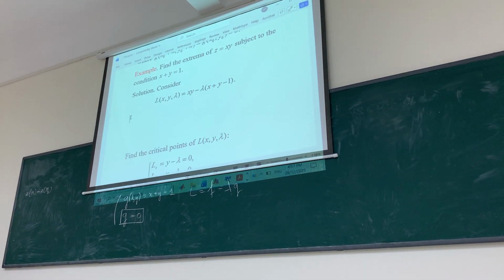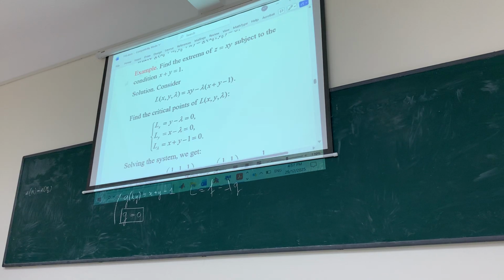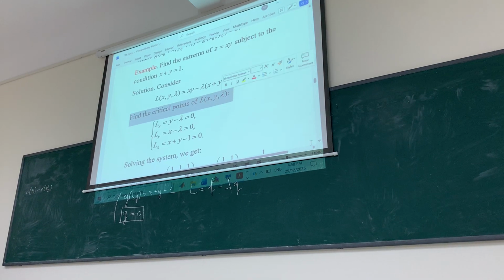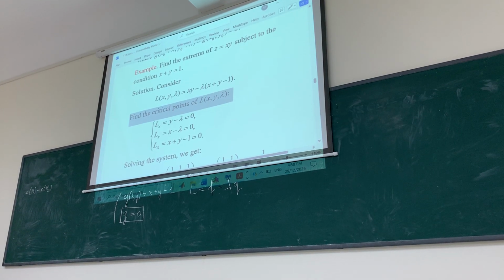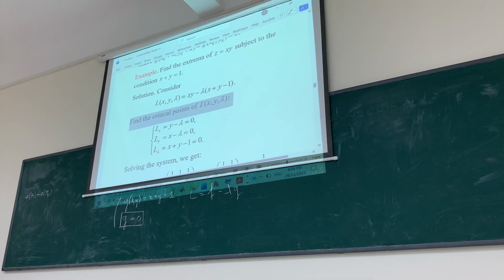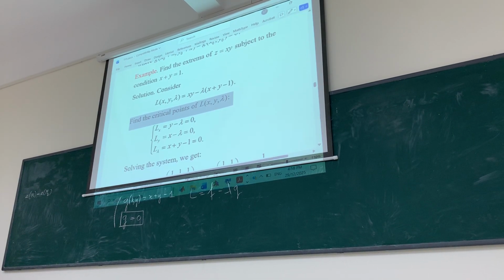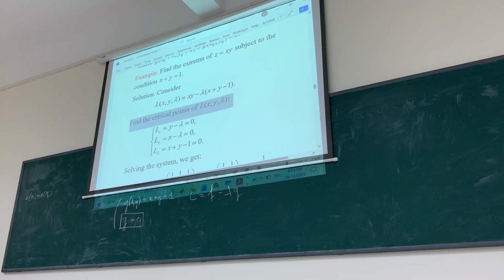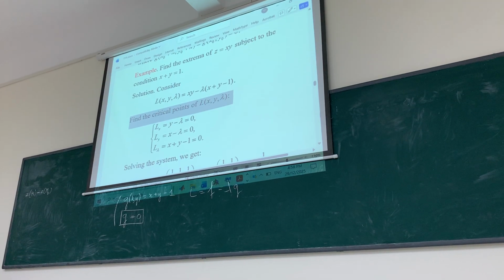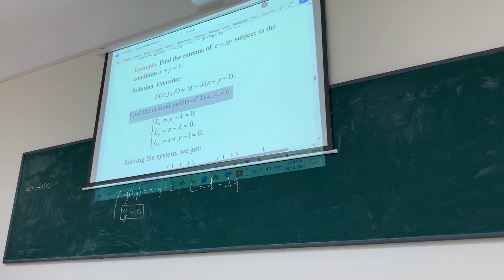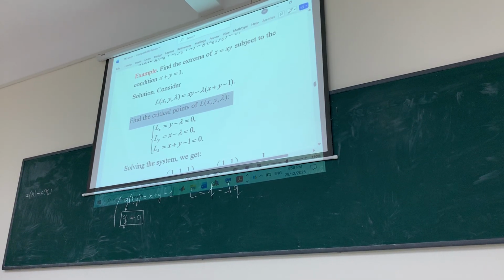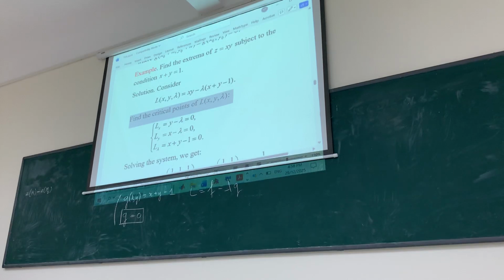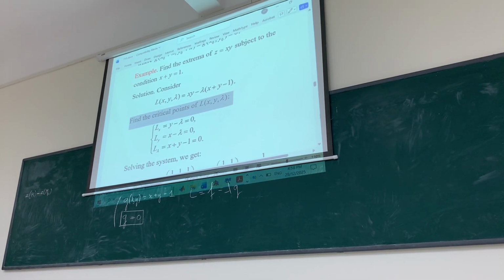We need to solve the equations where the partial derivatives equal 0. First of all, we need to find all critical points of function L. That means we solve this system: L prime with respect to x, L prime with respect to y, L prime with respect to lambda. From the formula of L, we can evaluate L prime x is equal to y minus lambda.